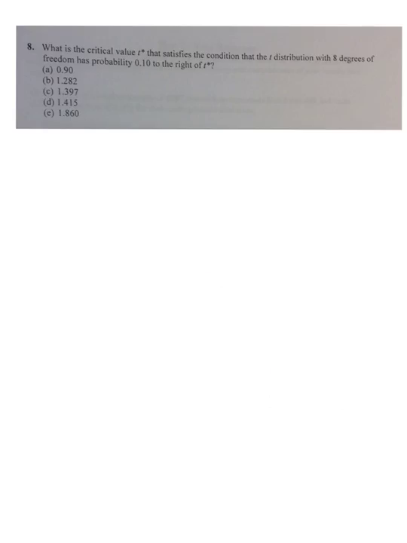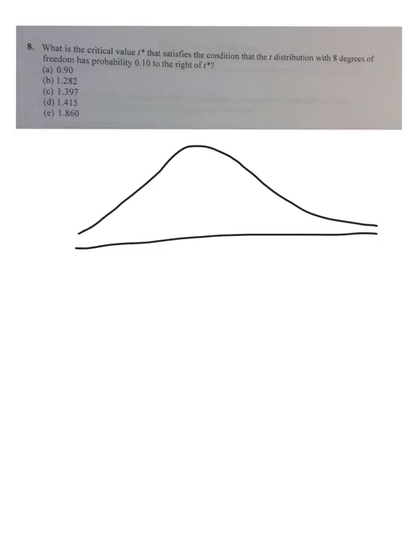So it's very helpful to draw pictures no matter what you're doing in math. So I'm going to look at this curve like this, because they said that our t-value is 10% to the right of that thing. So I kind of thought of it like this. We've got 10% over on this side, 10% over on this side.